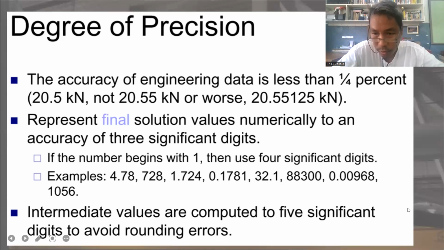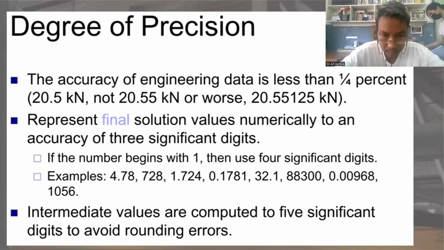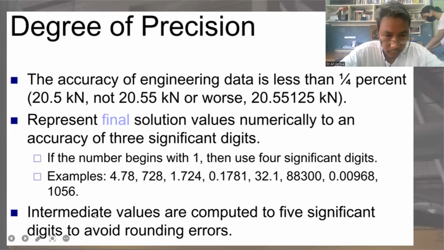Intermediate values are computed to 5 significant digits to avoid rounding errors. Intermediate values, meaning to say, you are not yet going to present the final answer.